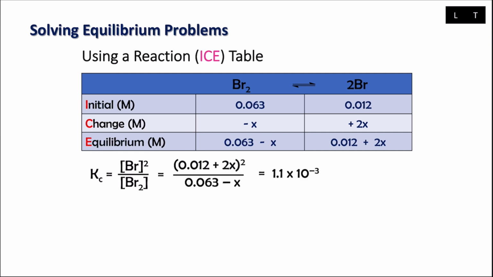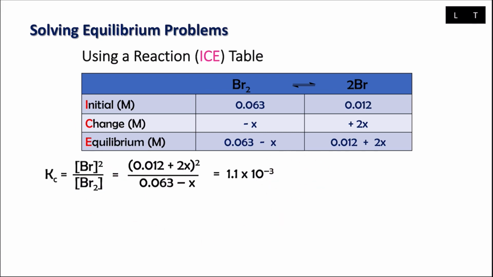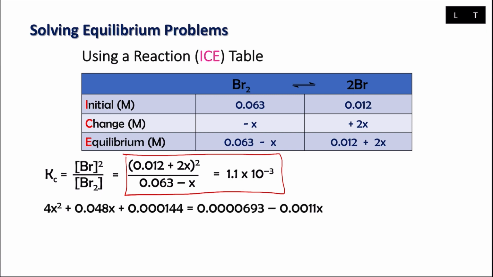Masukkan dulu X dalam expression dan gunakan value Kc yang diberi daripada soalan iaitu 1.1 exponent negative 3. So kita akan kumpulkan dekat satu tempat. So this one, this expression, kita darabkan dia semua value, saya akan dapat this whole lot of numbers.